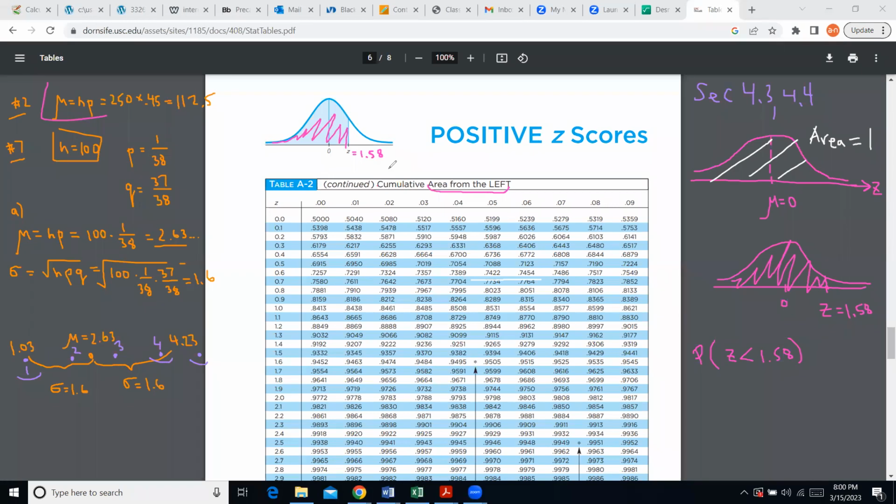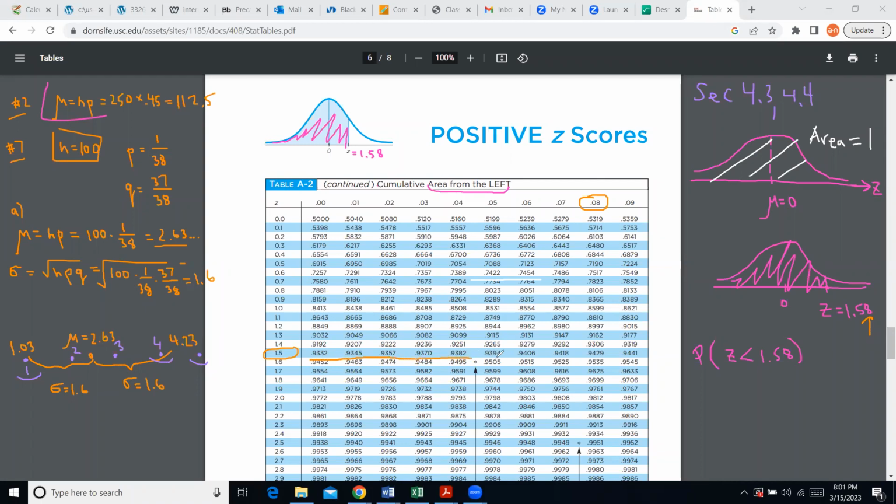The way to use the table is to get the hundredths, because the number we have here is 1.58, which has 8 of those hundredths in it. So from the first row, I need to use 0.08. And then from the first column, I use 1.5, because if I compose 1.5 with 0.08, I will get exactly 1.58.